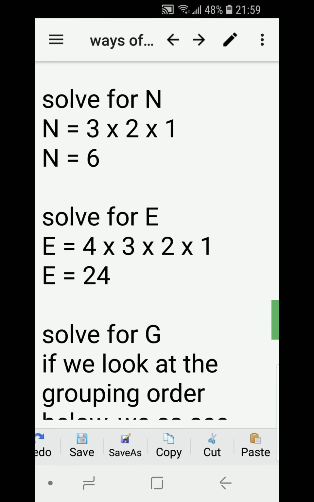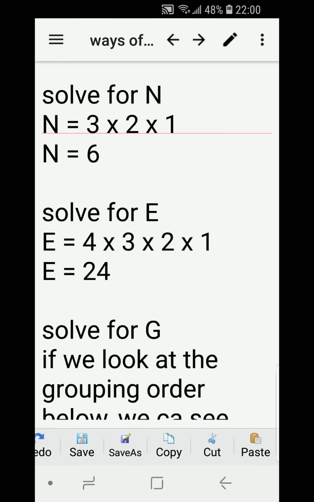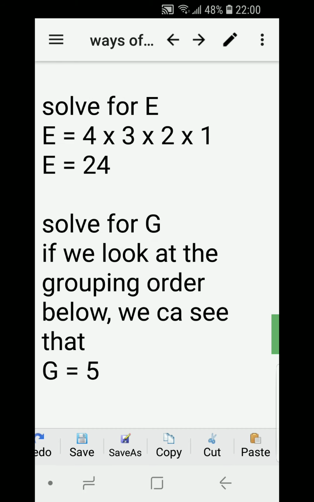Okay, so for N now, N is the number of ways of seating just the nurses, is 3 times 2 times 1, 6. And for engineers, there's 4 of them, so E is equal to 4 times 3 times 2 times 1, E equals 24.